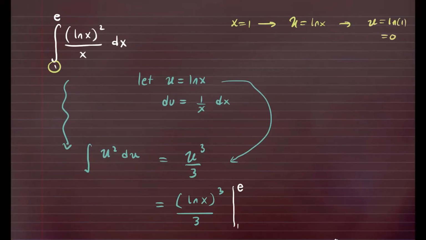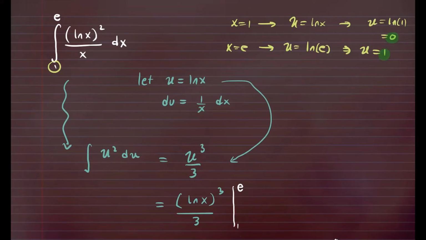So the lower limit for u is going to be 0. Now when x is e, if u is ln of x, then it's ln of e. That is going to be 1. So the limits of integration for the u variable are going to be 0 and 1. 0 will be the lower limit and 1 will be the upper limit.